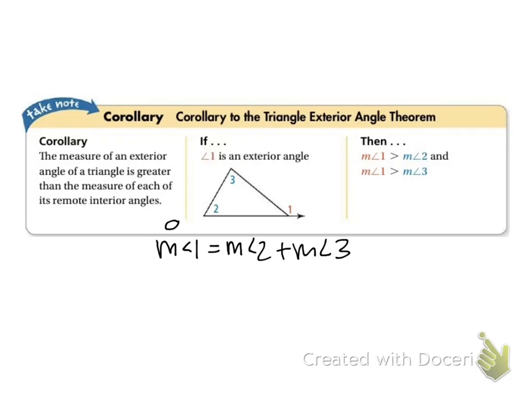So if we use our property there, a equals b plus c, I get that a is greater than b. So the measure of angle 1 is greater than the measure of angle 2. And if I switch how I'm writing this and I make this as the measure of angle 3 plus the measure of angle 2, just switch the order, then I get that angle 1 is greater than angle 3.